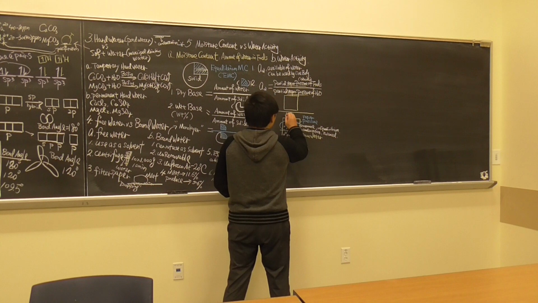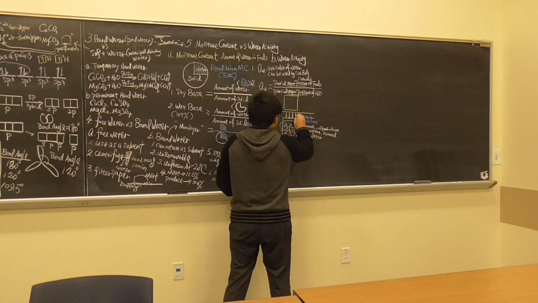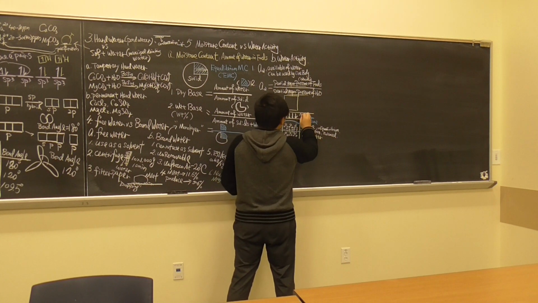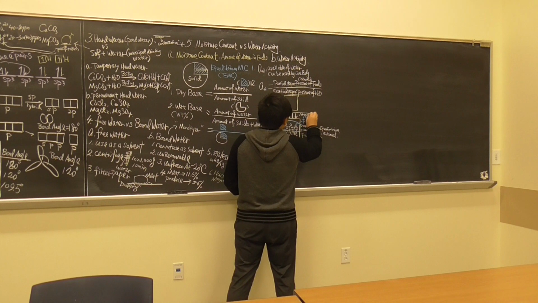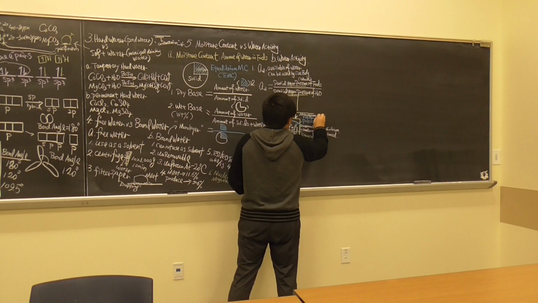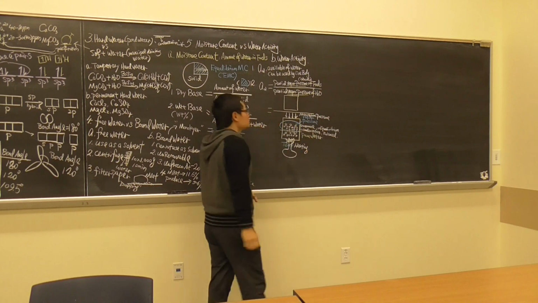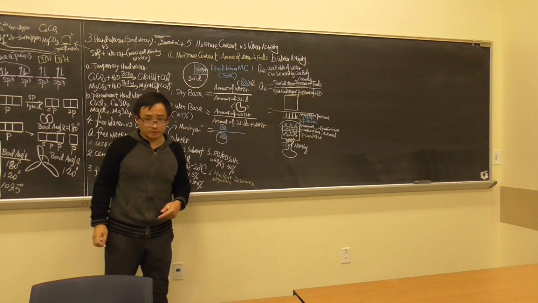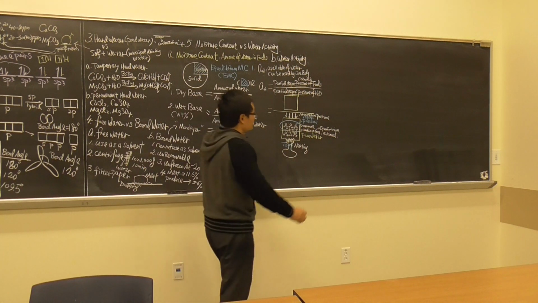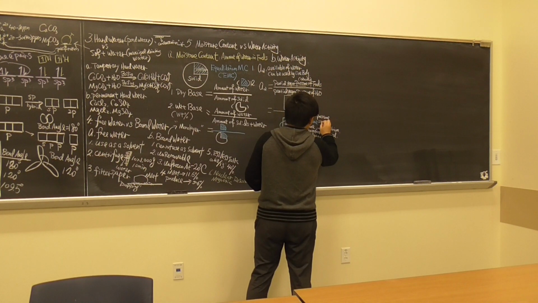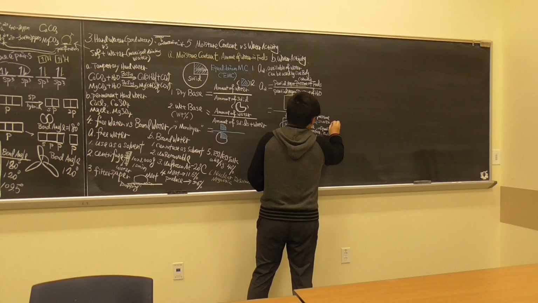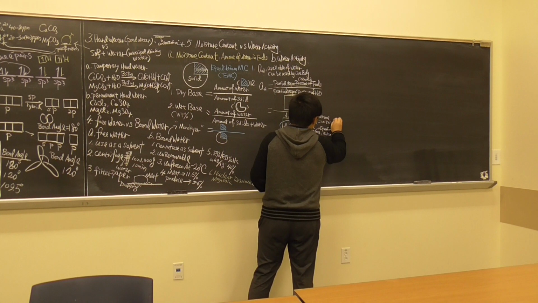Now we know outside there is atmosphere pressure. What is one standard atmosphere pressure? The value 1 atm equals 1.013 times 10 to the power of 5 Pascal.